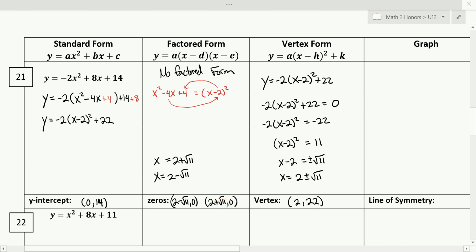Again, it'd be helpful to use a calculator to approximate where these values are when we graph them. I'm going to do that.